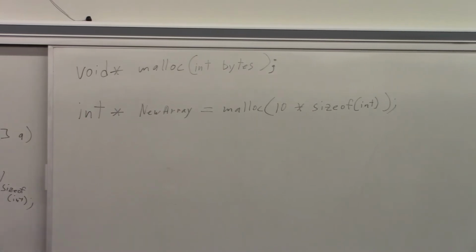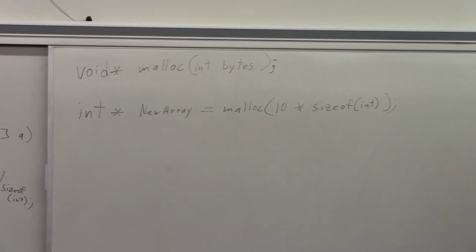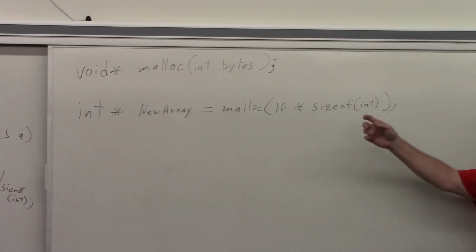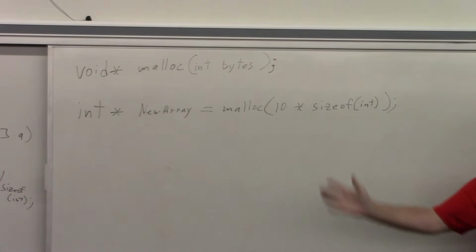I would say, I don't know what computer system I'm running on. I might be running on the Apple 35, the iPhone 35 at some point in the future. So I have no idea what sizeOf means. But I don't need to care, because I'm going to make my array big enough to hold 10 of them, however big they are.